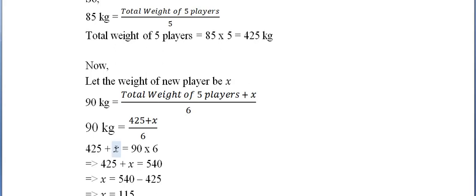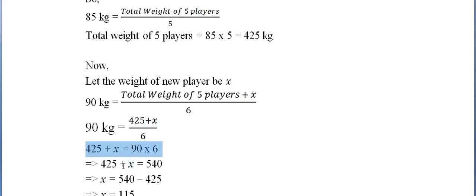We are using algebra also. When we assumed the weight of the new player to be x, here comes the part of algebra. So 425 plus x equals 90 into 6.